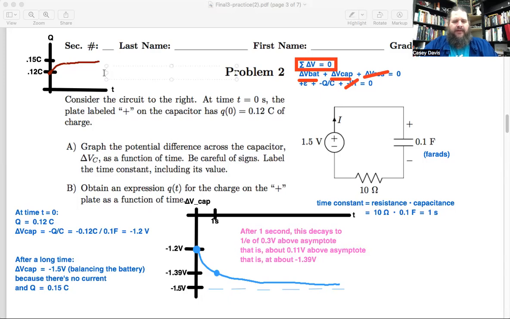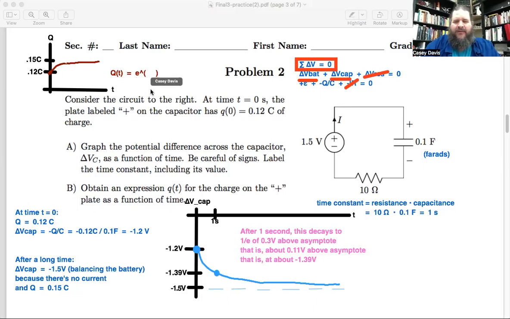So let's see if we can write a function for this. Charge as a function of time. First of all, this is exponential decay, so we should expect this to include e to the something. How would we decide what exponent to use, though? The e to the whatever.